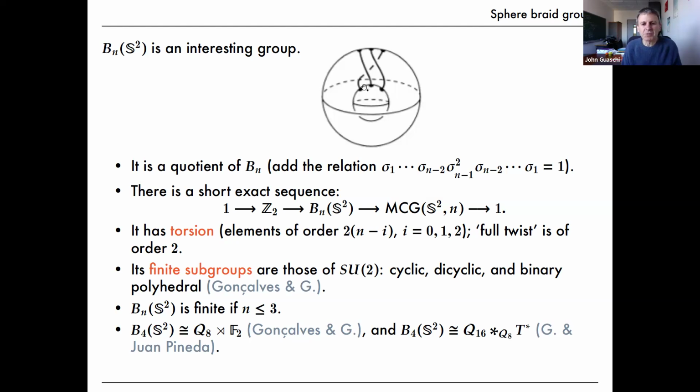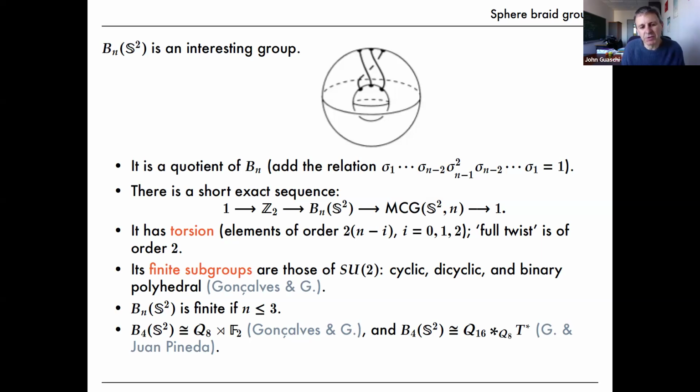The space between two concentric spheres is homeomorphic to the sphere cross the unit interval, which is in this direction. I should say that this figure comes from the book of Murasugi, A Study of Braids. So this is how you can view the braids geometrically, at least in the case of the sphere.